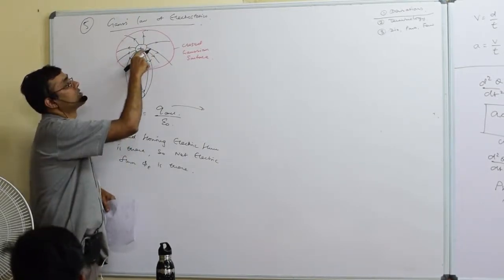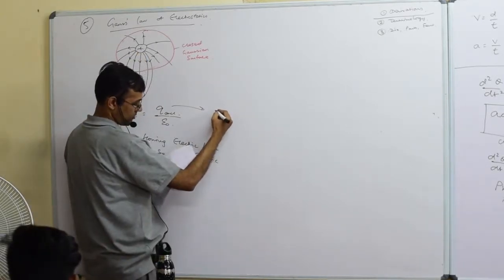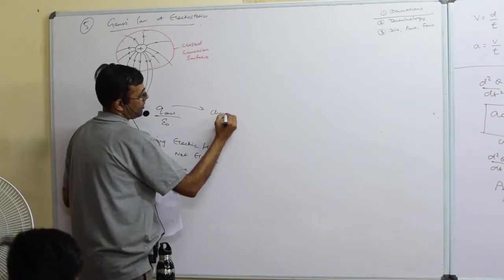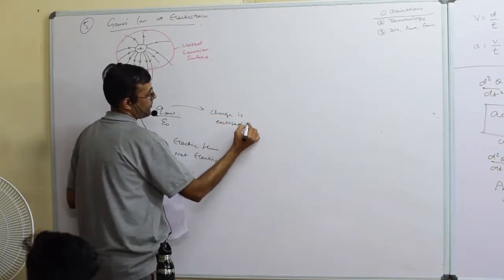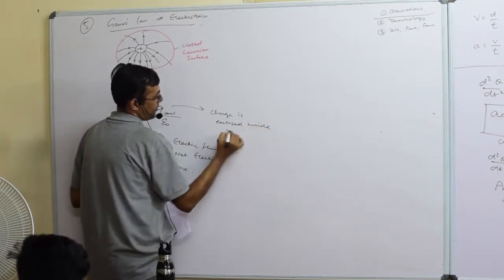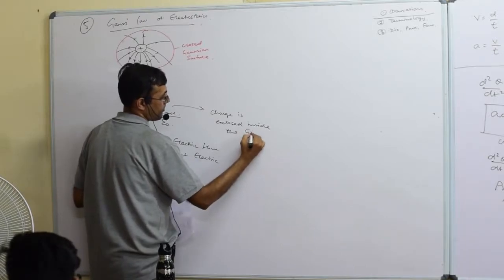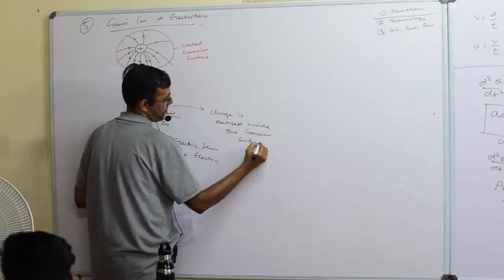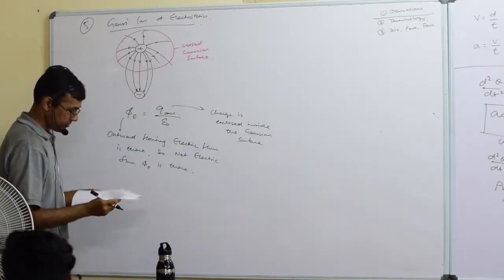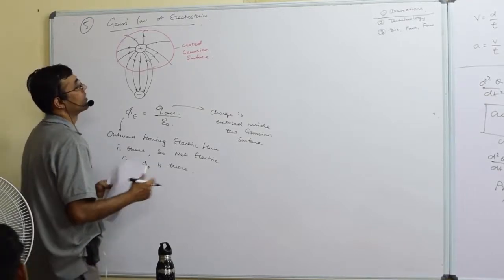You have some charge, which is this one, right? So that means there is some enclosed charge. Charge is enclosed inside the surface or Gaussian surface. Okay, so this is one case.